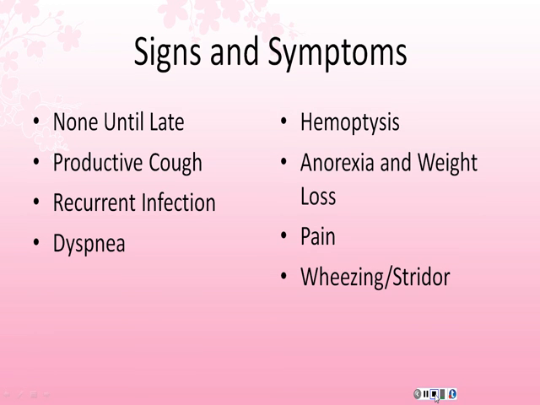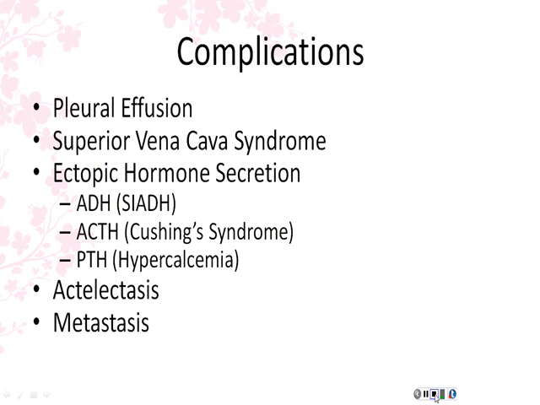Some of the complications: pleural effusion, about 50% develop pleural effusions. Superior vena cava syndrome, which is where blood flow is interrupted, which causes distension in the jugular veins, leading to swelling in the chest and the face. There can also be ectopic hormone secretions.